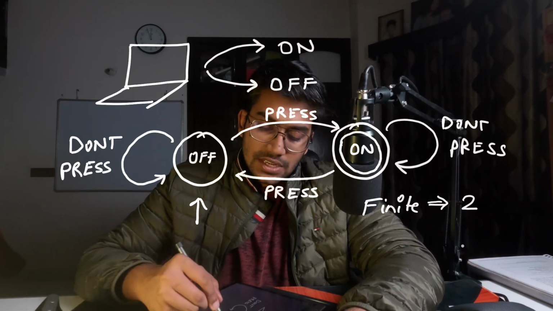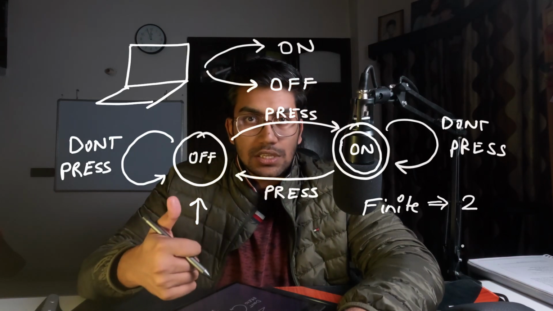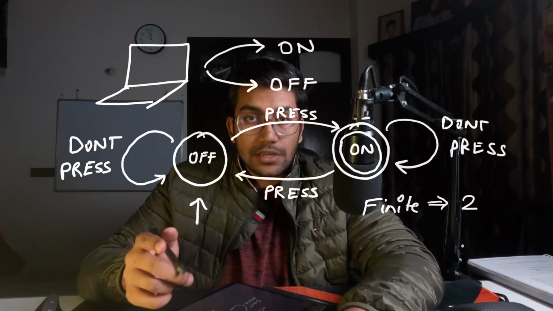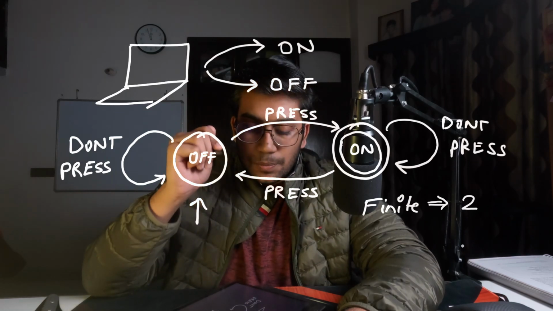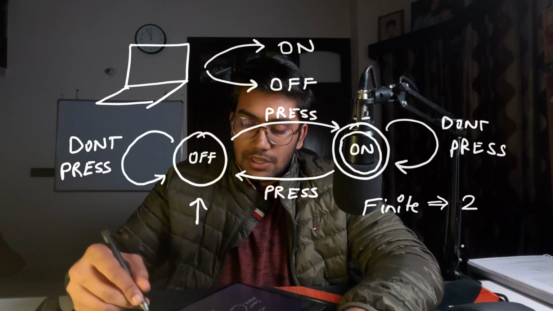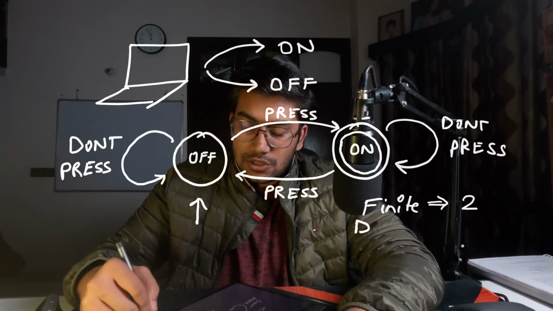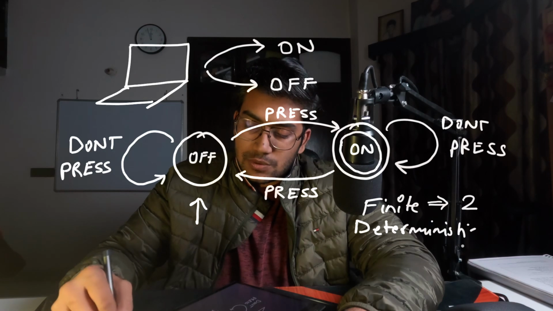Moreover, for every state, I know what would happen when you press the power button or you don't press the power button. So I can deterministically tell what would happen when you press or don't press given the state that you are in. So this system or this machine is actually deterministic as well.